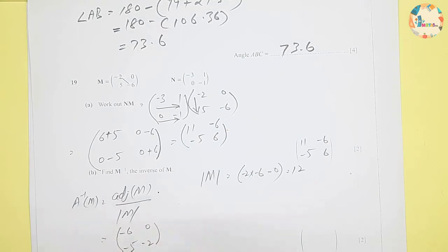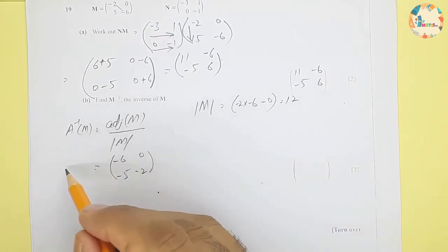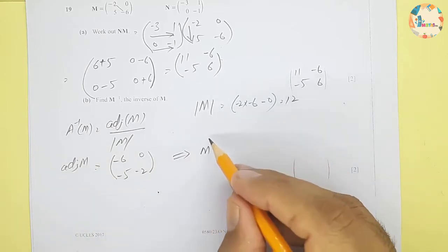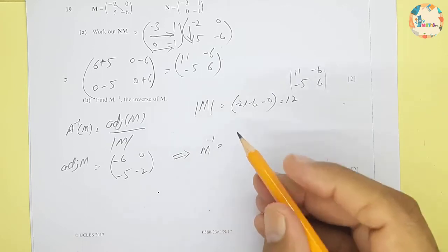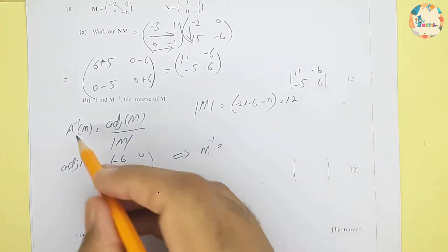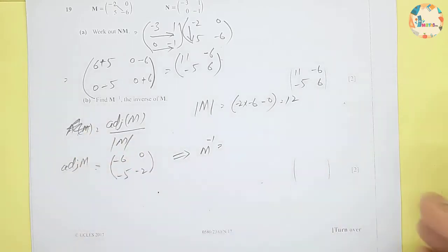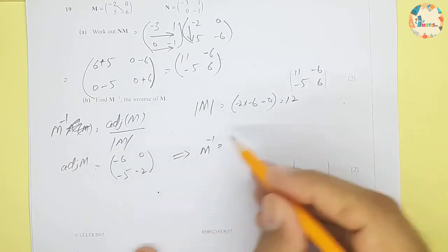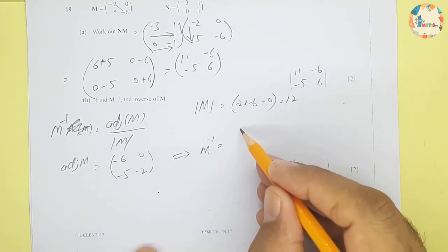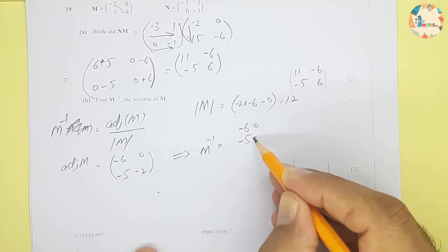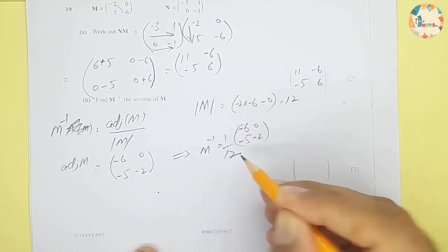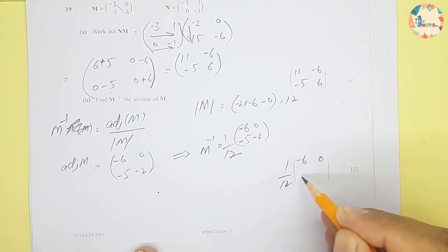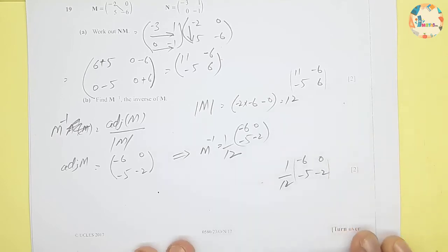This is basically adjoint of M. So this implies M inverse will be equal to adjoint, which is this one, -6, 0, -5 and -2, and 1 over this 12. So this will be 1 over 12, and this is our final answer.